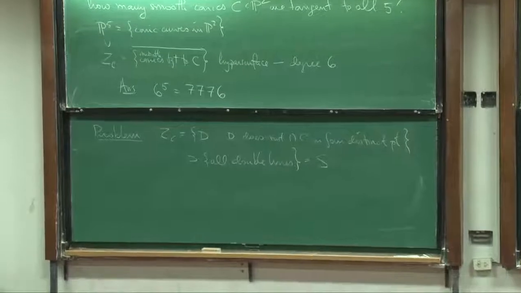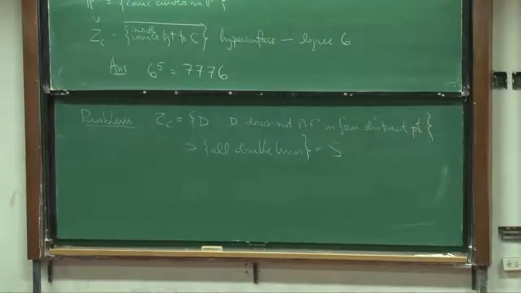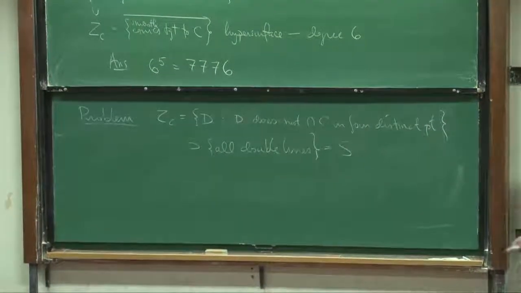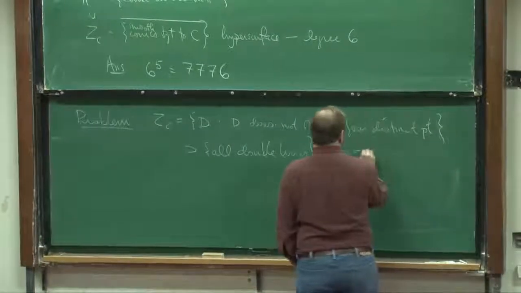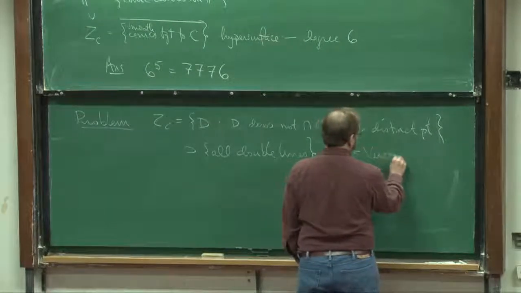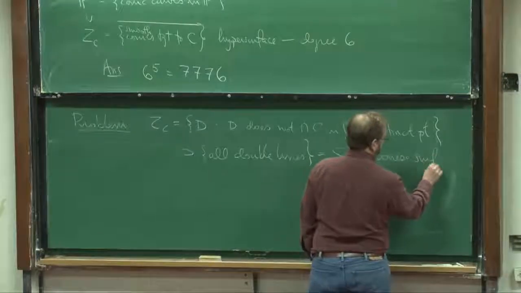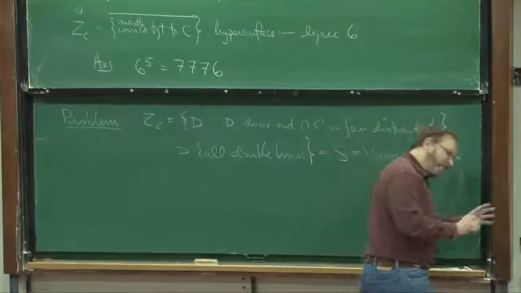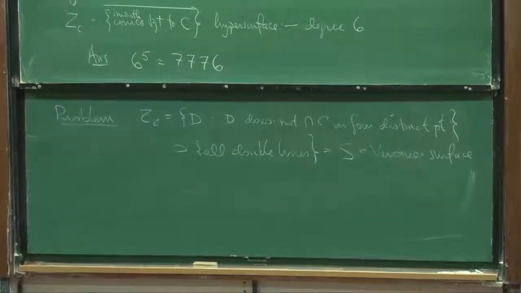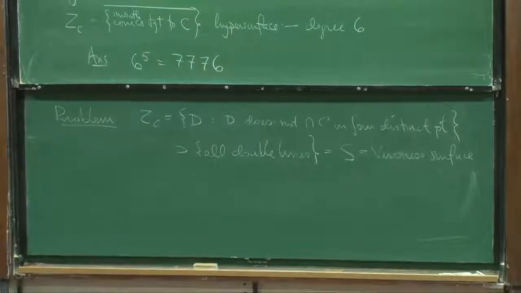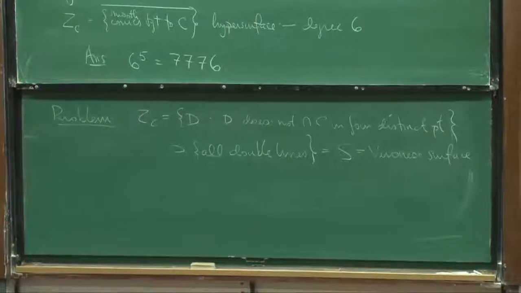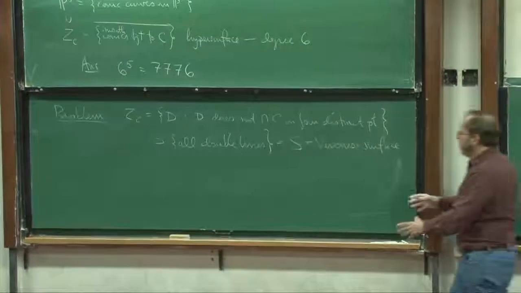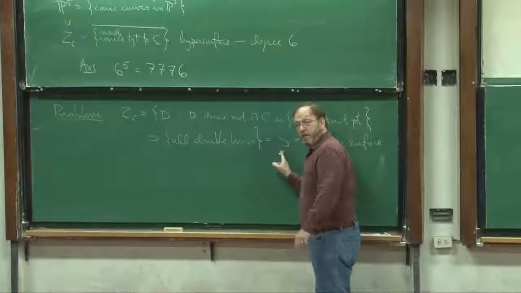For every line, we can take its double, which is a conic. And it's not hard to see, in fact, that this is simply a copy of the Veronese surface. So we have this surface. The fact that it's a Veronese surface is not going to be relevant, but it's amusing.